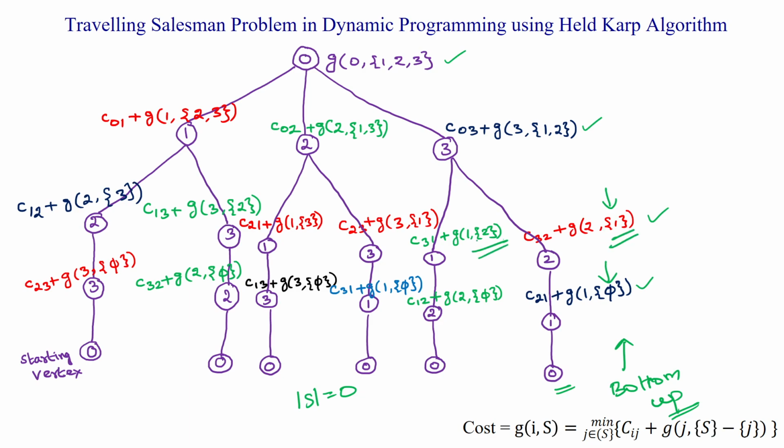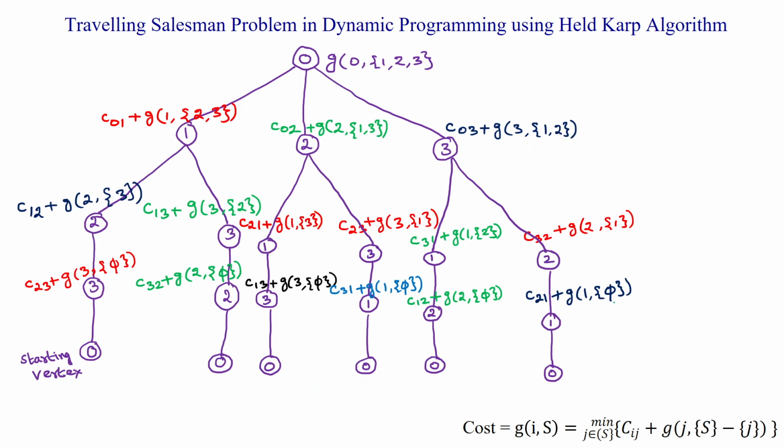All the levels you see, number of unvisited nodes are only 1. Going to the next level from the bottom, number of unvisited nodes are 2. Finally here number of unvisited nodes are 3. Like that, from the bottom to top, we have to calculate the values for each subproblem sequentially. From the sequence of decisions, we will get the final optimal solution. So that we are going to do now.